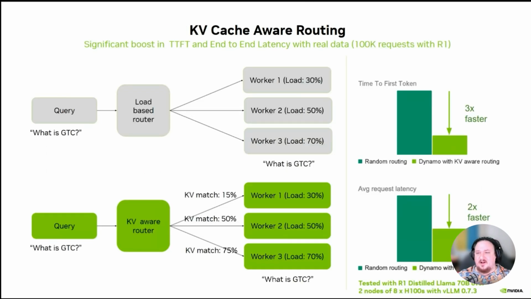We also have something called KV cache aware routing. So remember, KV cache is important because it makes us go fast. And when it comes to choosing which hardware to run on, we're effectively going to say we want to go to hardware that is highly matched with our KV cache.